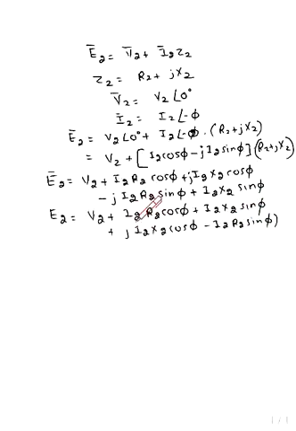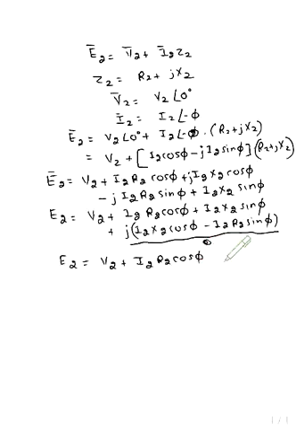Now we separate the imaginary terms and real terms. The real terms will be E2 is equal to V2 plus I2 R2 cos phi plus I2 X2 sin phi, this is the real term, and the imaginary term will be plus j I2 X2 cos phi minus I2 R2 sin phi.